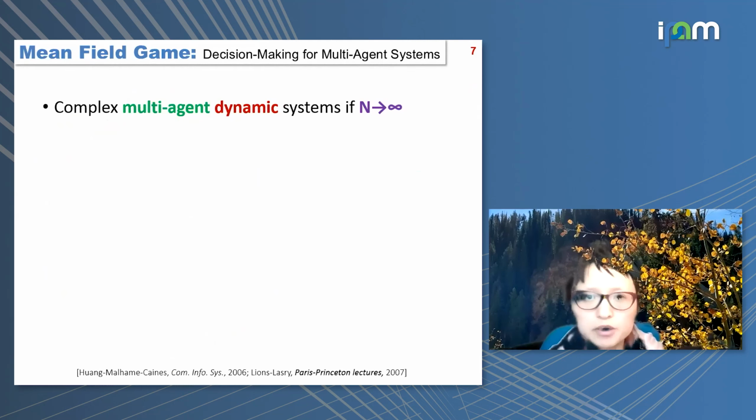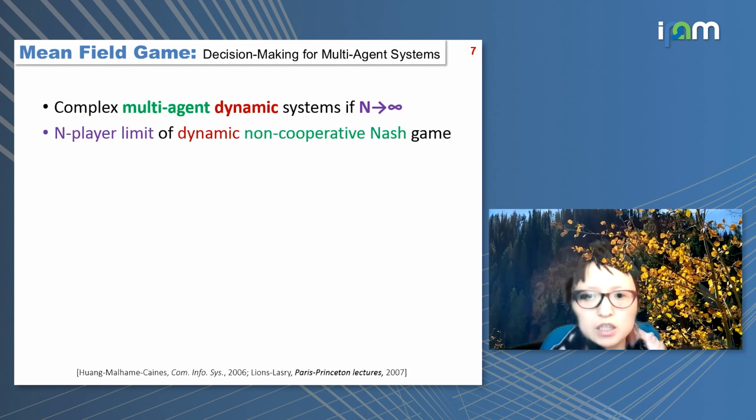So what is a mean field game? This is an emerging game-theoretic topic to control multiple agents in a system. It mainly focuses on when the number of players goes to infinity. So we can also call mean field game an n-player limit of a dynamic game. Basically the original game is a non-cooperative Nash game.